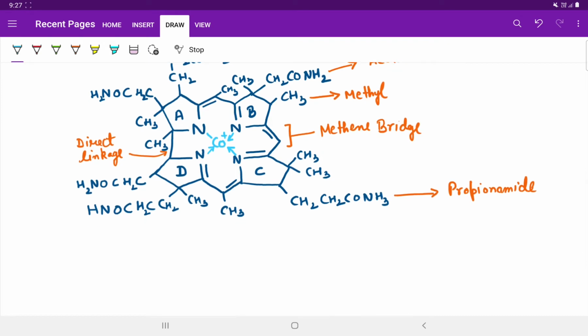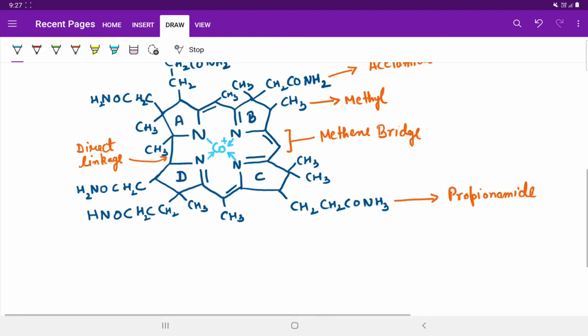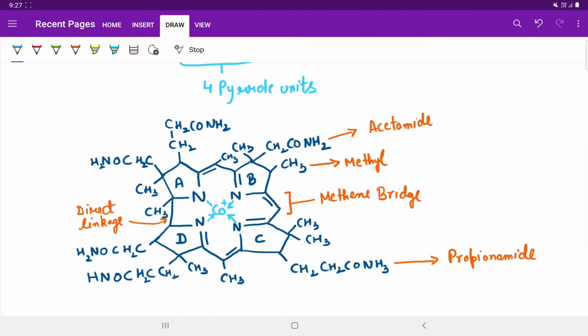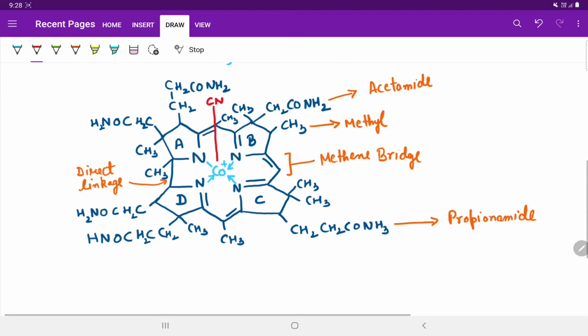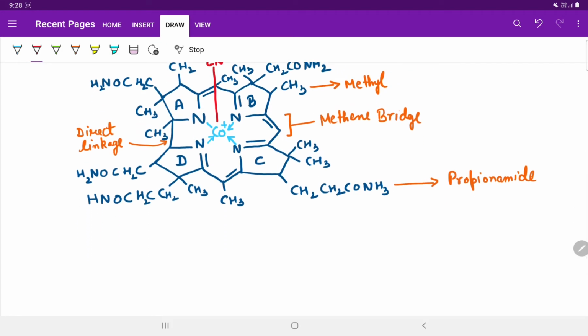So we can see that 4 coordinate bonds are formed by the pyrrole ring structures with the cobalt. Now comes the 5th bond, that is with the cyanide. You can see here the cyanide is directly attached to the cobalt from this side, and another dimethyl benzimidazole.